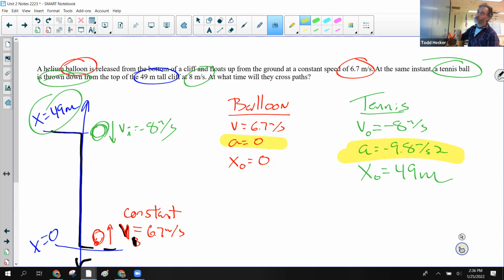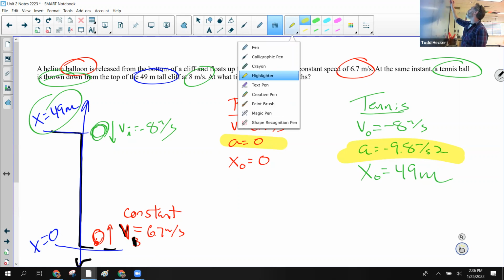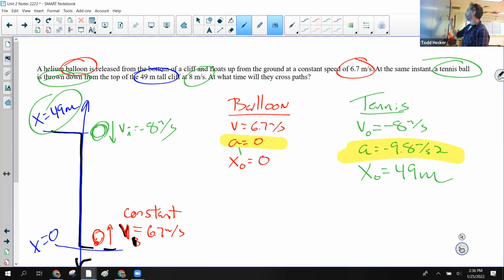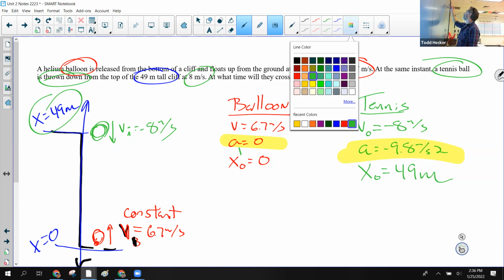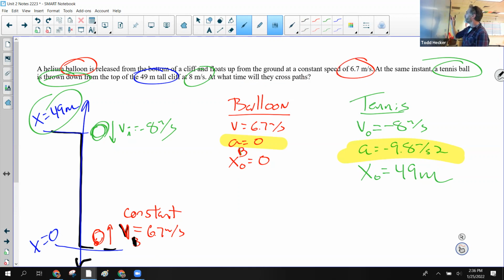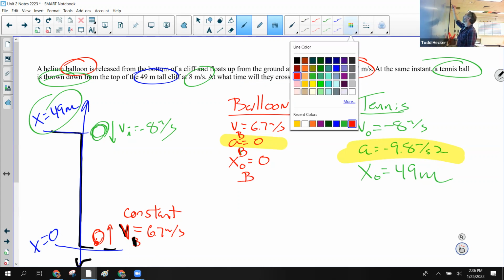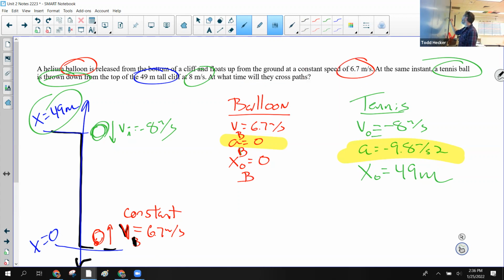Everything that I have written here in red pertains to the balloon. So that acceleration isn't just acceleration, it's acceleration of the balloon. So I'm going to put a B on each of these variables to indicate that they're for the balloon. And I'm going to go over to the tennis ball stuff and put a T on each of those so that I know that they pertain to the tennis ball.